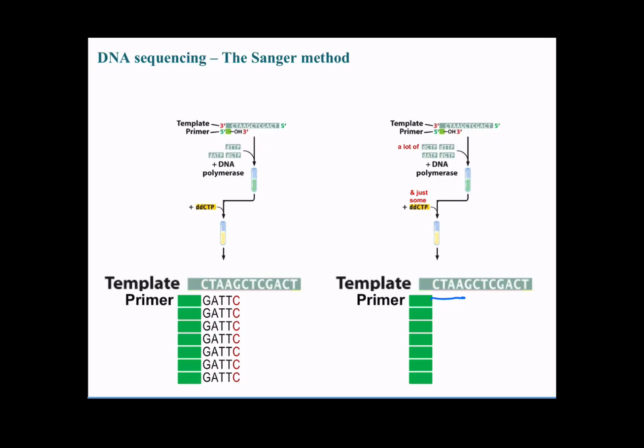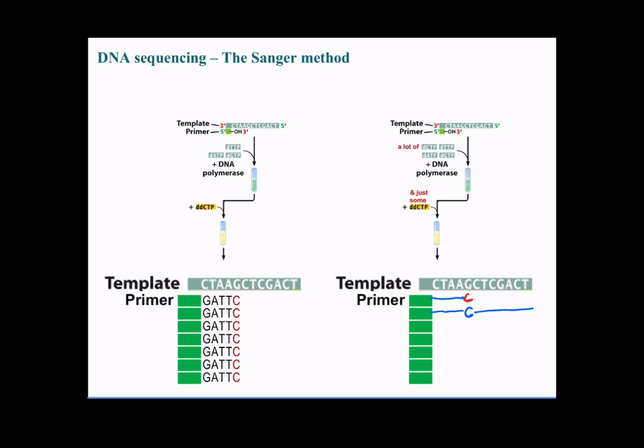So it goes all the way there, and then it adds that weird C, and it stops. But because this DNA polymerase has more access to regular CTP, in reality, more of those reactions will actually read through that G, adding a regular C. Synthesis continues, and for all we know, it might continue all the way to the end.